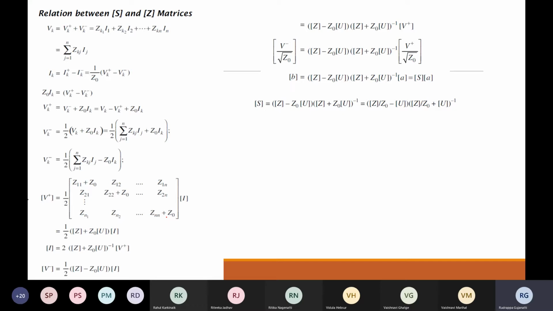Now, similarly, we can obtain it for the reflected parameter, in which it will be Z11 minus Z0, Z22 minus Z0, and up to ZNN minus Z0.